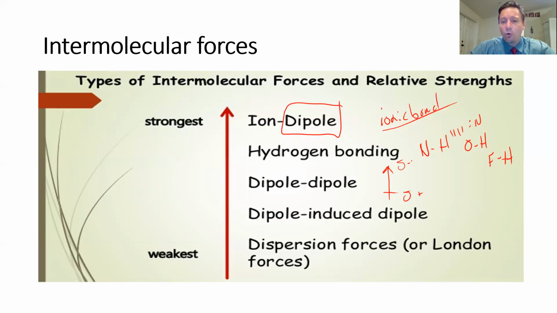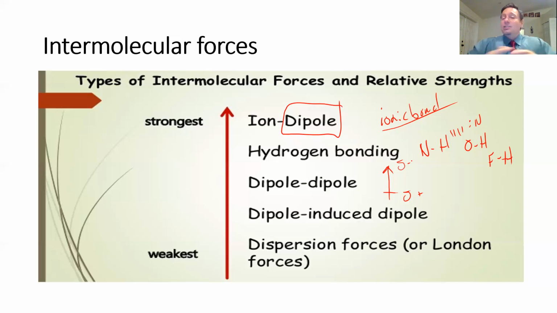Then you have dipole-induced dipole. That would be the interaction of a dipole with a non-polar molecule causing a shift in electrons to have some attractions. And then we have the London dispersion, or just as we call them, dispersion forces. And remember, that is typically between large molecules.